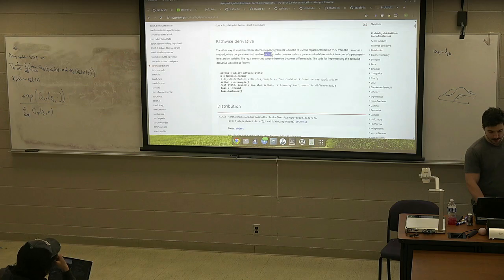That's true. So what they're doing is they're saying the parameters are the parameters for the policy network. M is the normal distribution with those parameters.